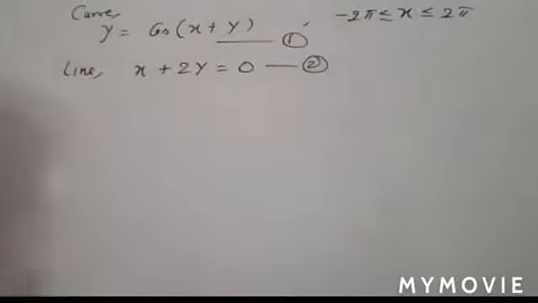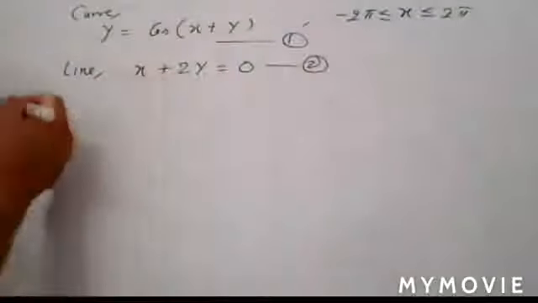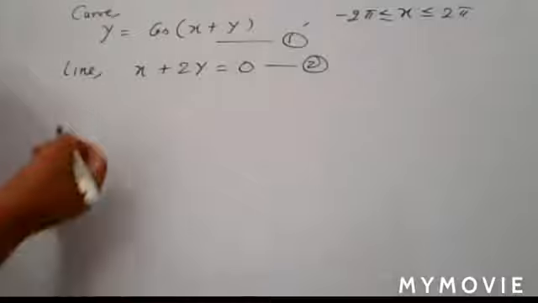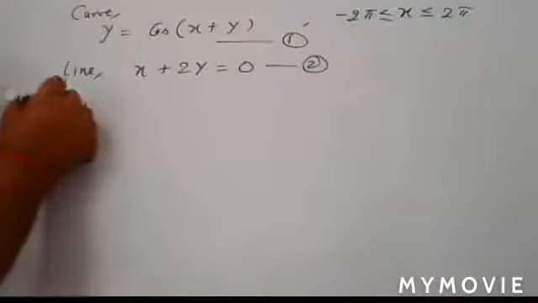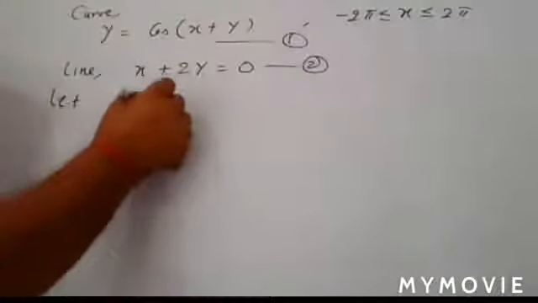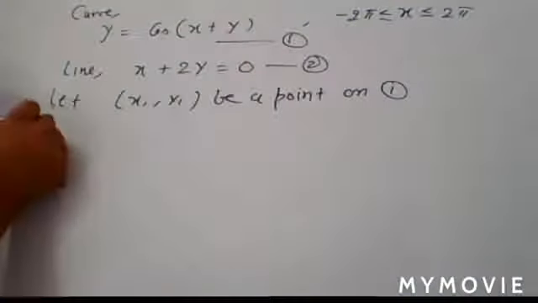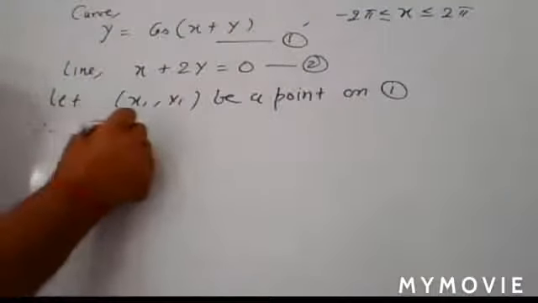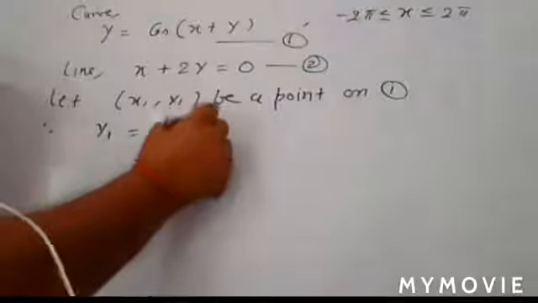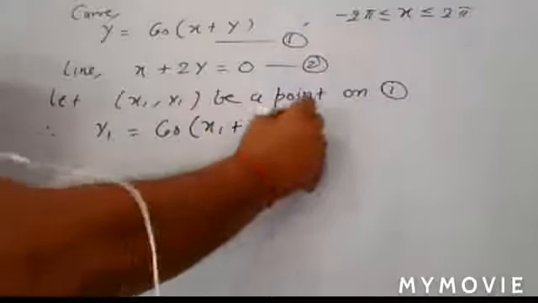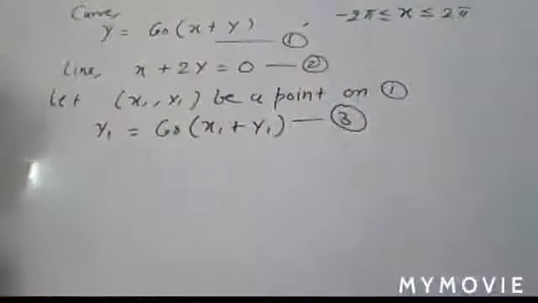First of all, assume any point on the curve, the point of contact that is required. So write, let x1, y1 be a point on curve 1. No doubt it is satisfying, so y1 is equal to cos of x1 plus y1. That is your third equation.